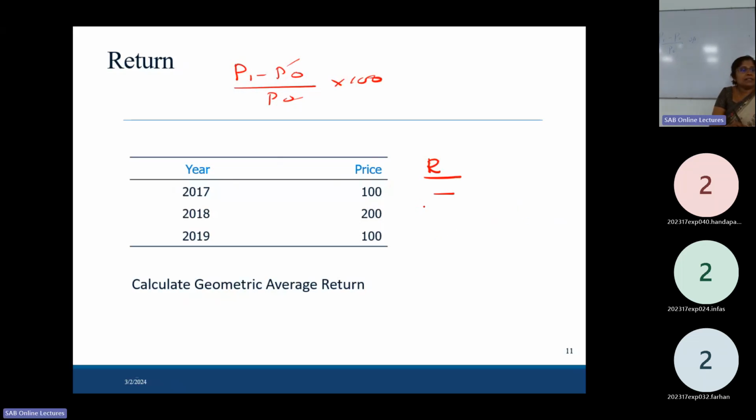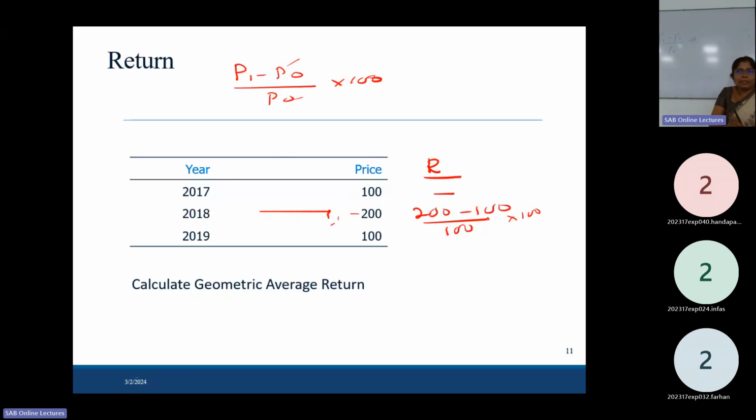2018 annual return is equal to 200 minus 100 divided by 100 into 100. It is P1 minus P0 divided by P0. This is the P1 when you are calculating for 2018, and this is P0.